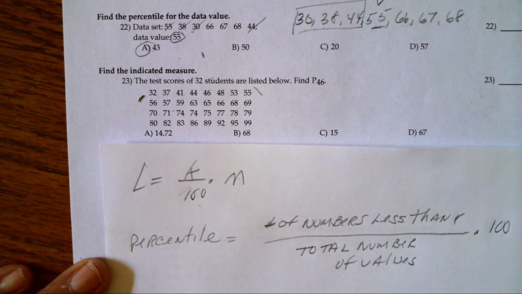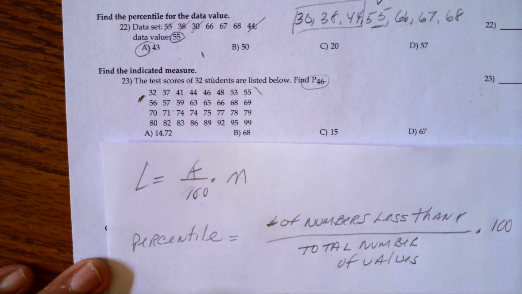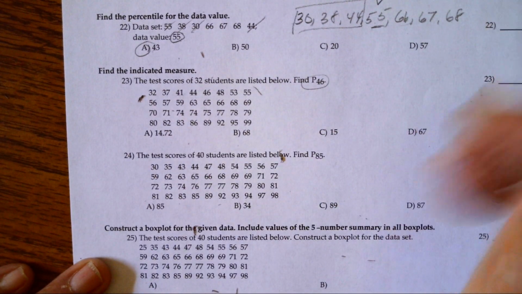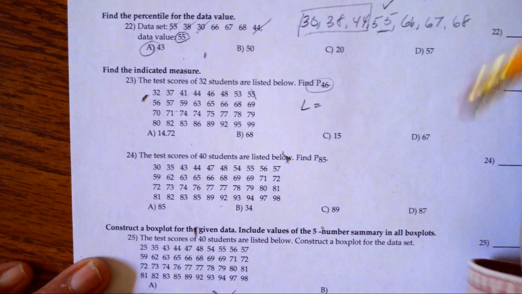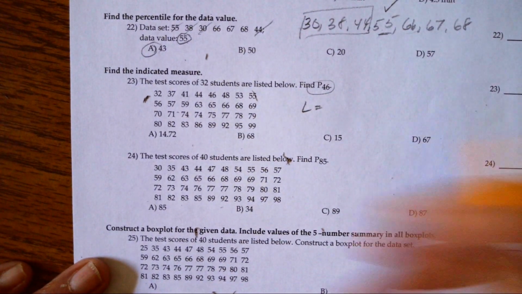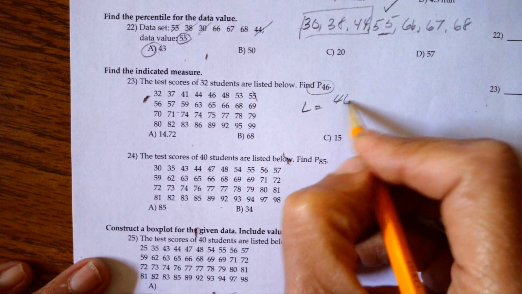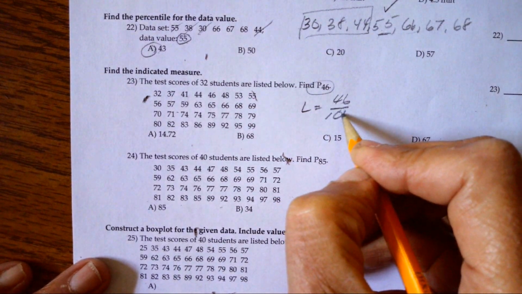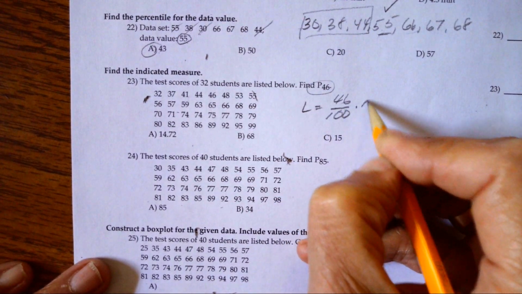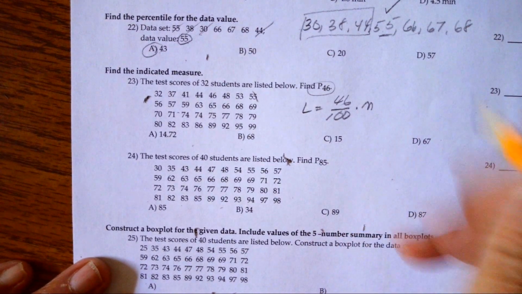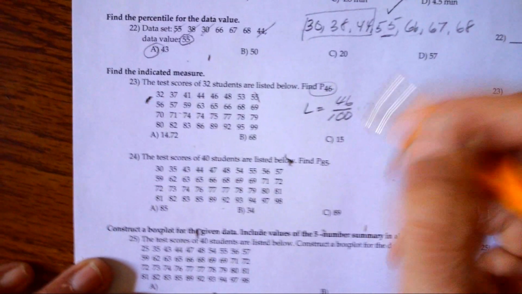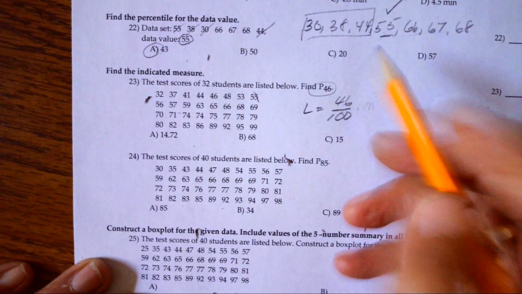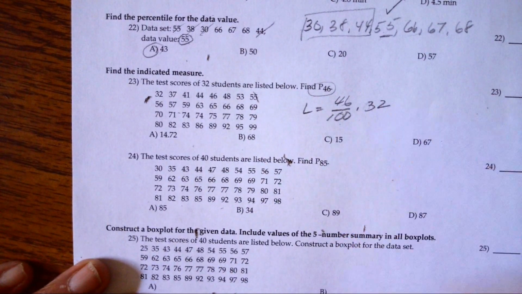So in this case we're looking for P46, 46 divided by 100 times how many numbers we have. And we've got 32 numbers. So it's 46 over 100 times 32 numbers.